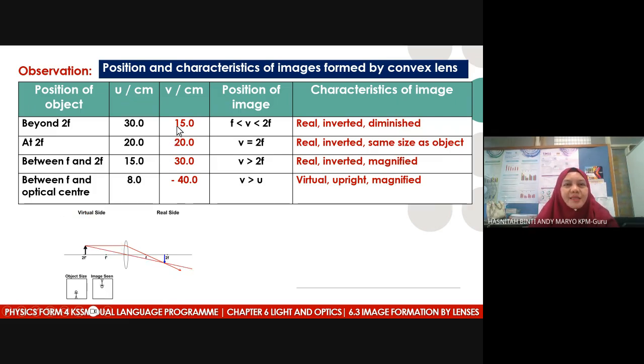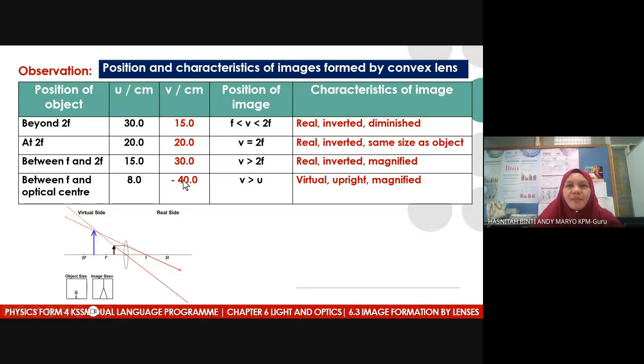And this is the image distance measured, the distance from the convex lens to the widescreen. Let's say this one 15 cm, this one 20 cm, and this is 30 cm, and this gives negative 40 cm. Later I'll tell you why there's a negative sign there.